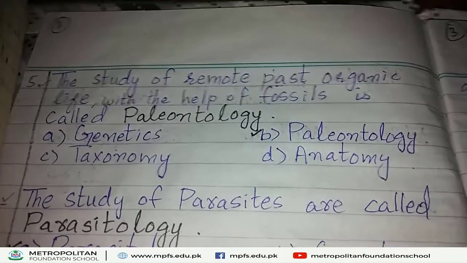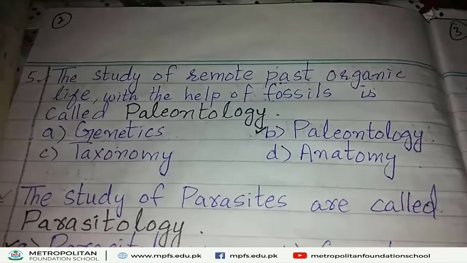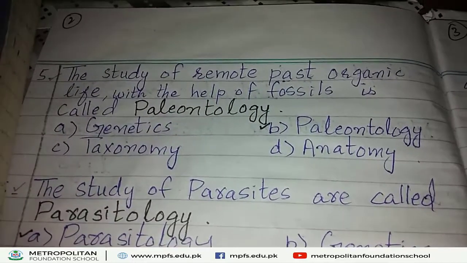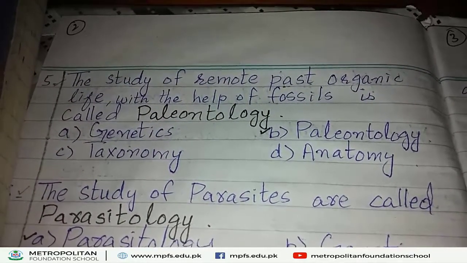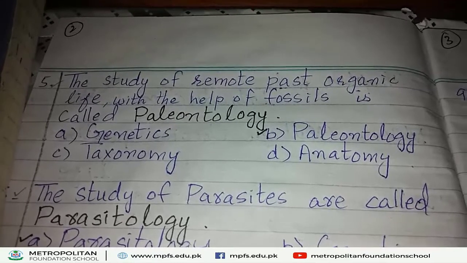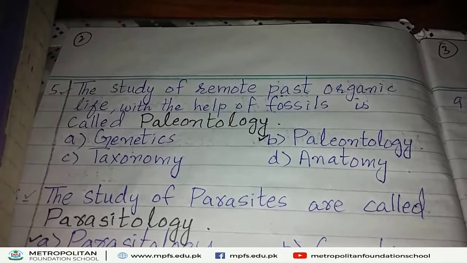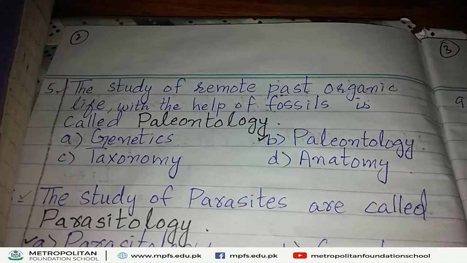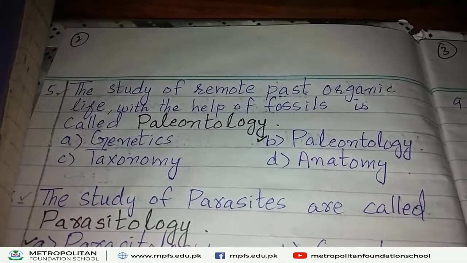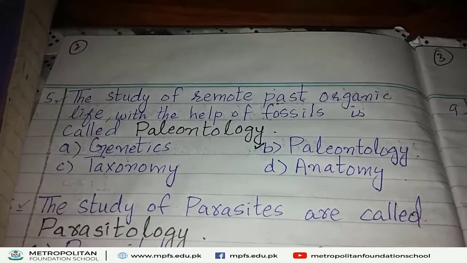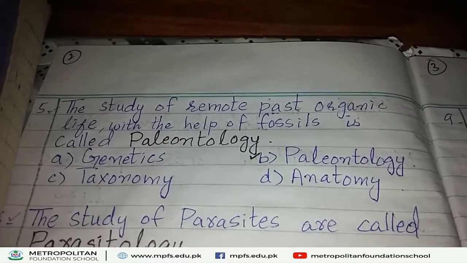First of all, students, we discuss here what are fossils. Fossils are dead plants and animals which existed thousands of years before on earth, but now they are found in the form of fossils.